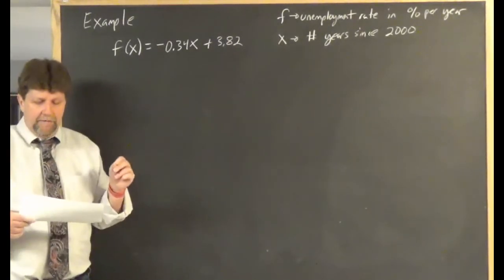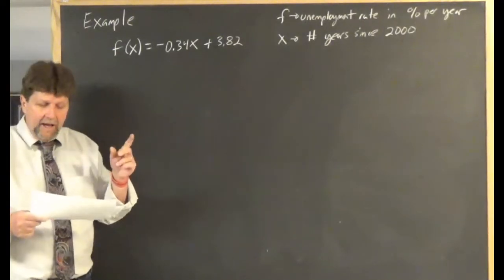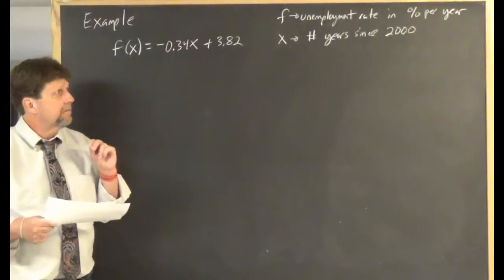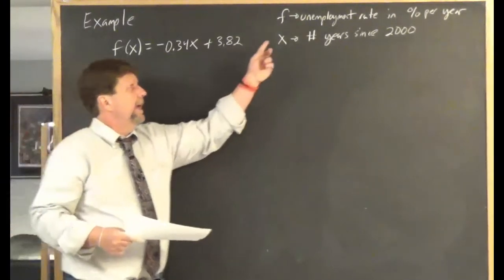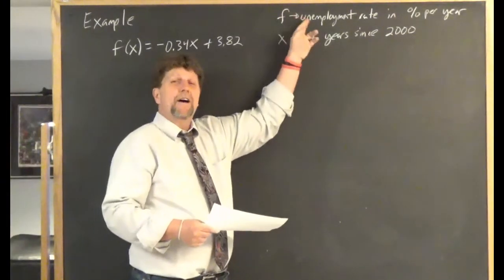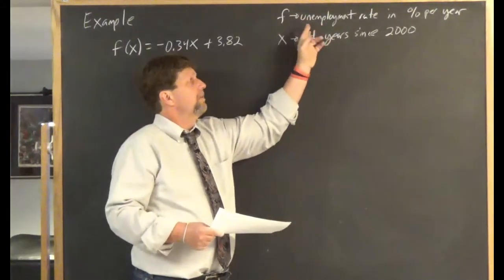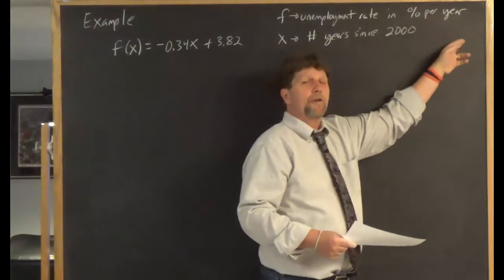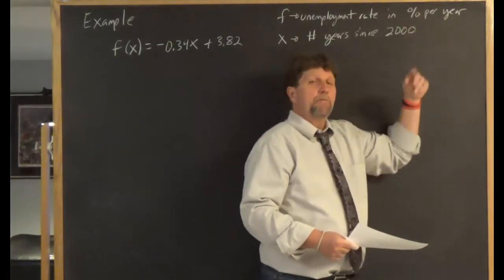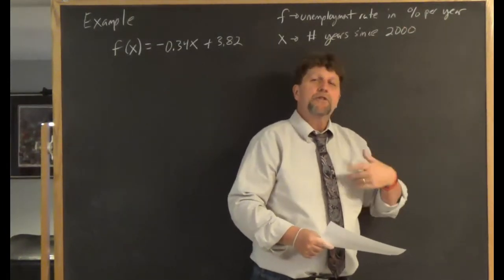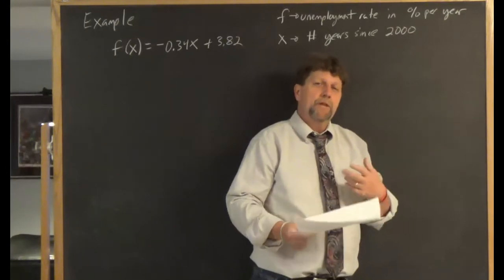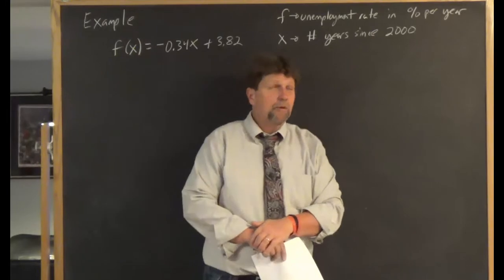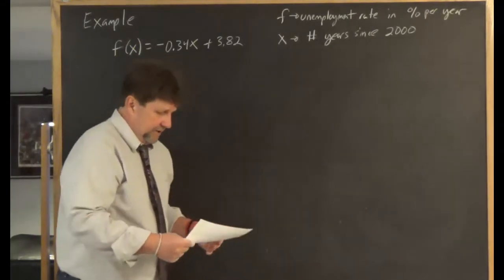I know it's a rate function because it says f is the rate of change of the unemployment rate in percent per year. Percent per year. That's reminding me of the interpretations we did in the first half of the course. And then I also wrote down x represented the number of years since 2000.